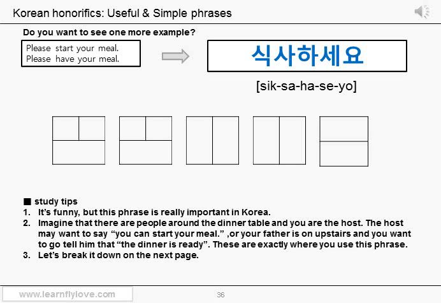Imagine that there are people around the dinner table and you are the host or hostess. The host may want to say, you can start your meal. Or your father is upstairs and you want to go tell him that dinner is ready. These kinds of situations are exactly where you use this phrase.